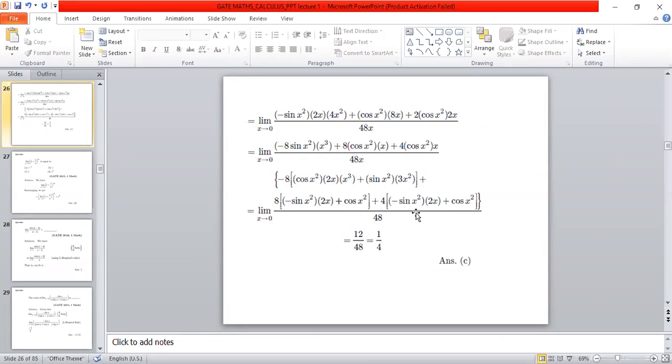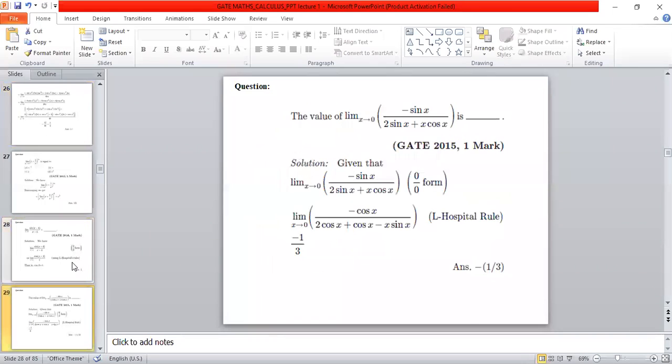Next derivative we are applying, and here also we get minus sin x square. After solving this derivative and applying x is 0, we get 1 by 4. So whoever has got 1 by 4 is correct.